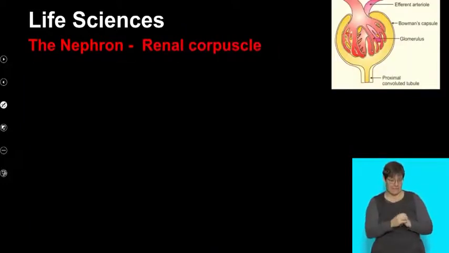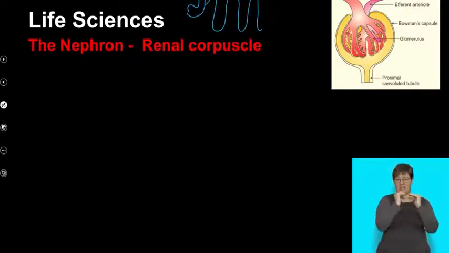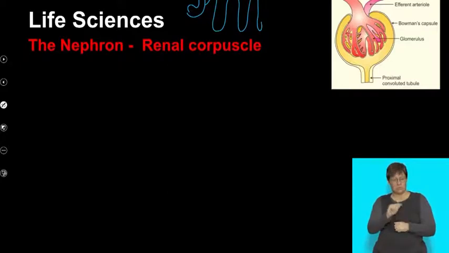Now, when we look at the nephron, I'm going to draw a very simple one on here at the top. It's made up of a C-shaped capsule at the top, and then it's made of these tubules that go up and down, but it's really, really convoluted. Now, when we have a look at these tubules, what we see is the following.